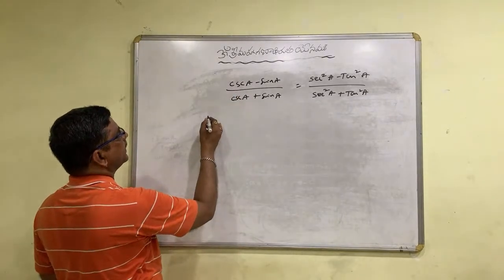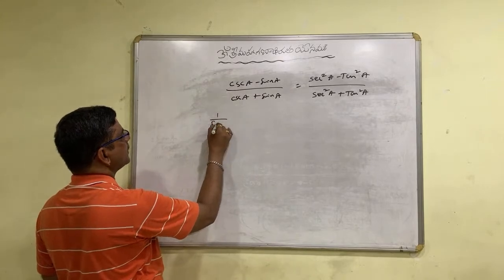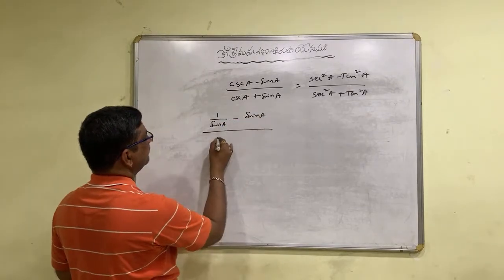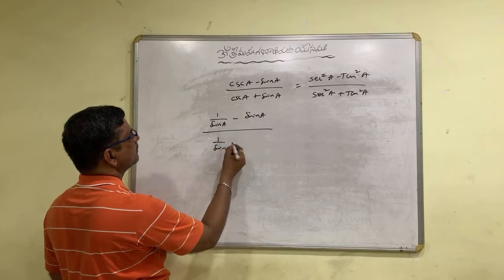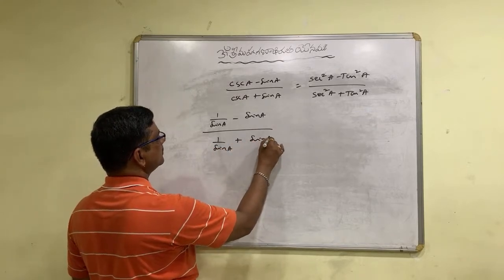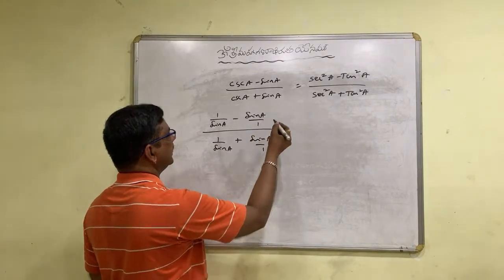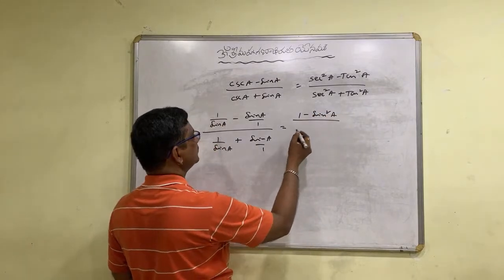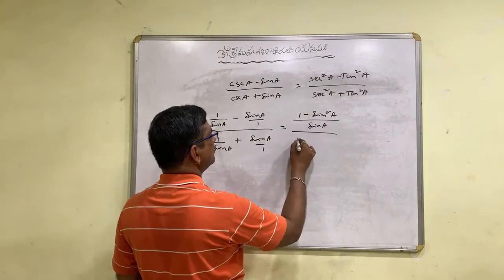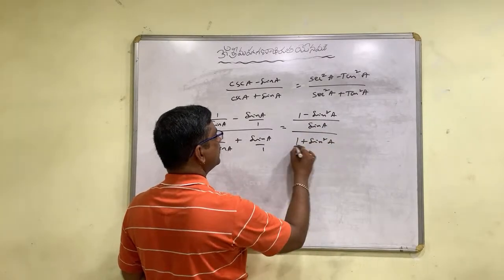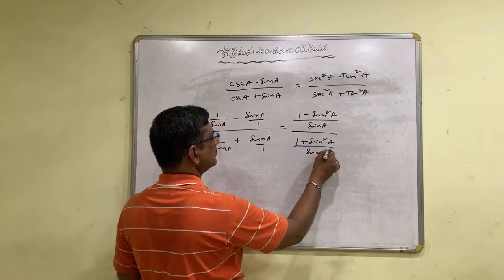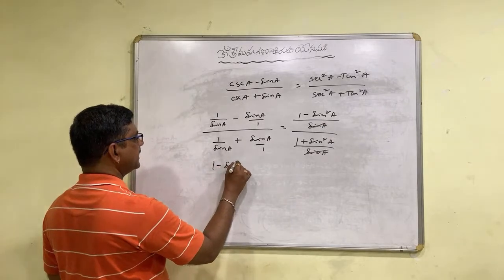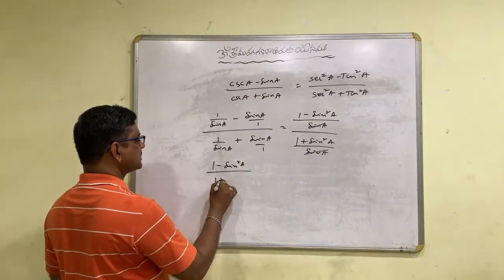I will write 1 by cosecant A as 1 by sin A: 1 by sin A minus sin A by 1 by sin A plus sin A. If I take the LCM, what I will get here is 1 minus sin square A by sin A by 1 plus sin square A by sin A. Sin A gets cancelled. We remain with 1 minus sin square A by 1 plus sin square A.